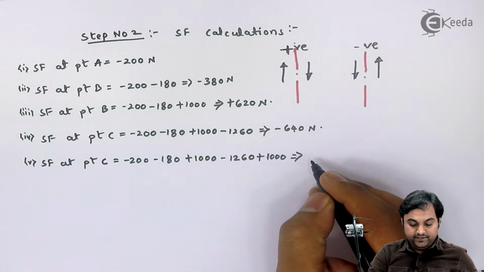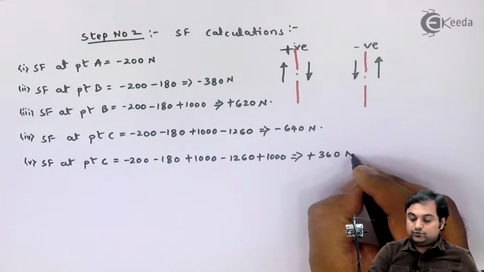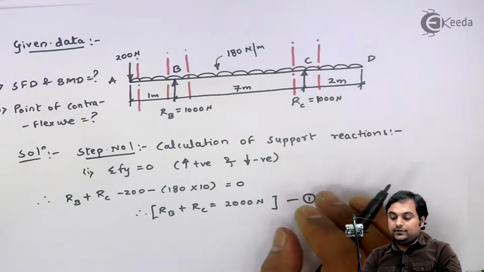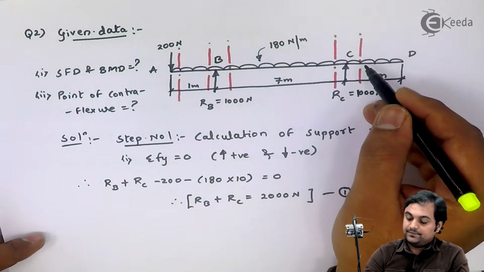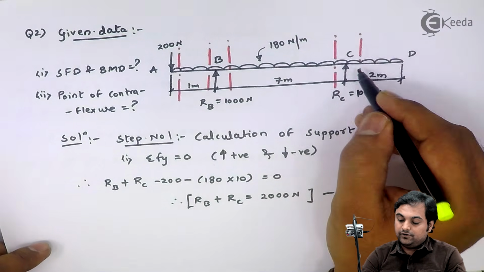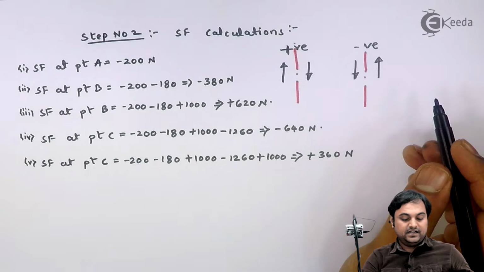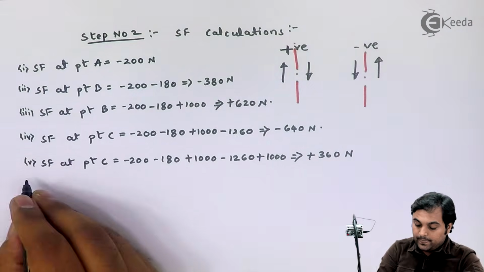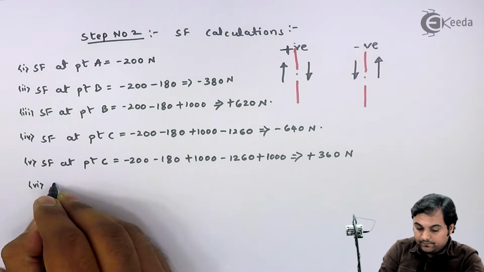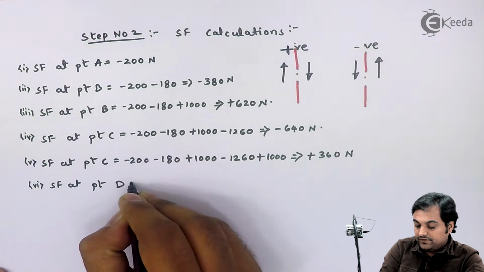So it comes out to be plus 360 Newton. So, two values I am getting of shear force. Now, I have calculated over RC. Next, at point D, I will be getting the shear force as 0. SF at point D is equal to 0.